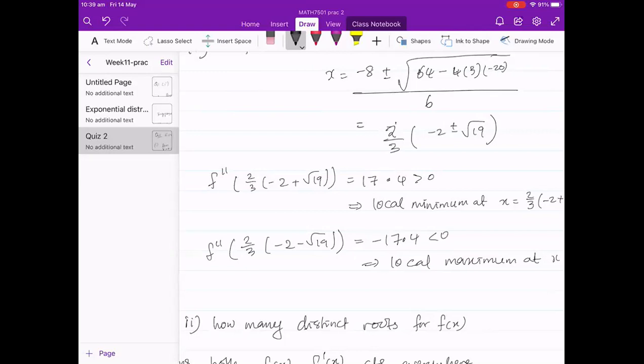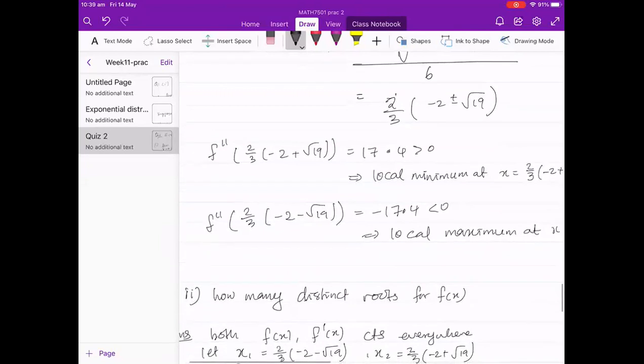Find where f(x) is negative or positive. Yeah, that's a good start. And what's the next point?